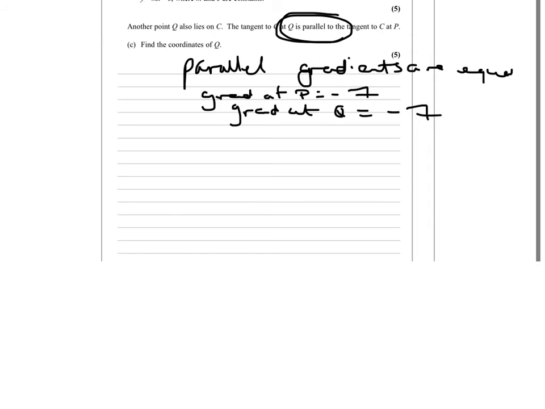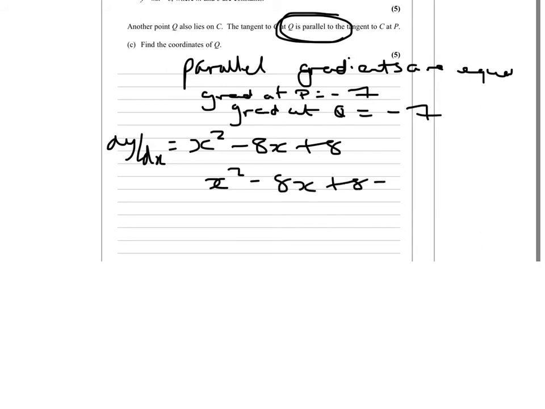And the overall equation, as we said earlier, for the gradient is dy by dx equals x squared minus 8x plus 8 from part B. So I'm going to set that equal to minus 7.